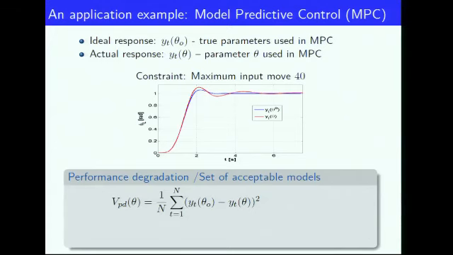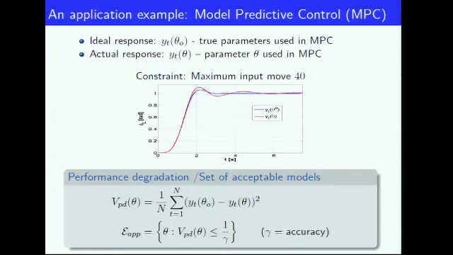And now the next key point is that I say, well, what are good and what are bad parameters? Well, any parameter that makes this small will be considered good. So I just sort all possible model parameters into two sets. One for which this performance degradation is small, and one for which it is large.